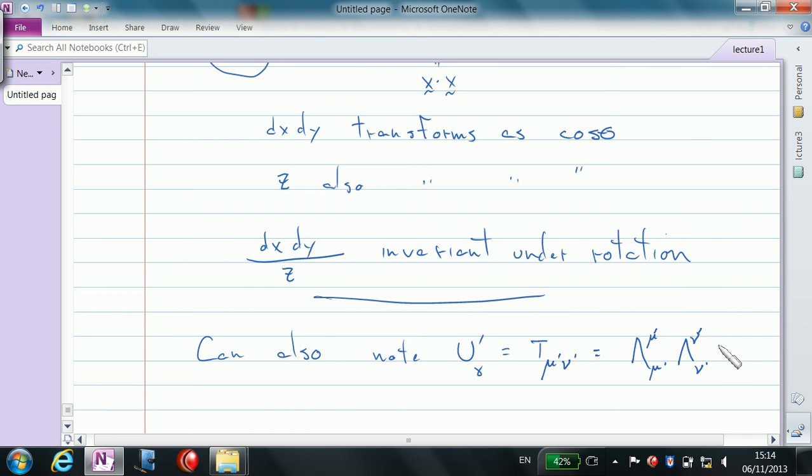So, if you remember, we discussed these transformation matrices last time, and if you know how to transform a second-rank tensor, you can also get the energy density that way.